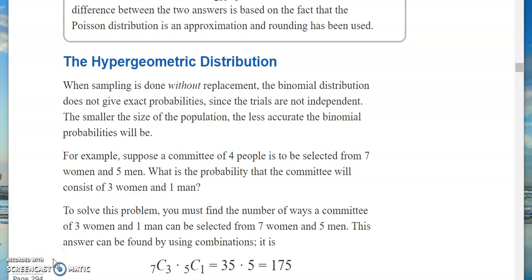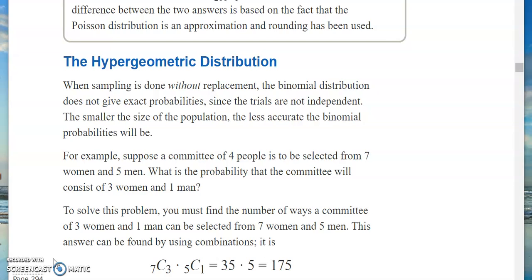If you look back in the textbook, the various requirements for a binomial, it has to be independent. And so one of the ways that independence or lack of independence can be considered is, do we have replacement or do we not have replacement when we're sampling?